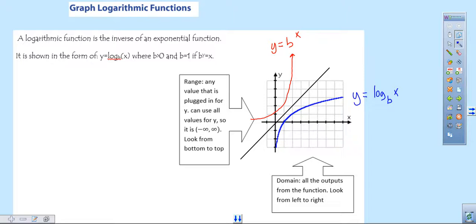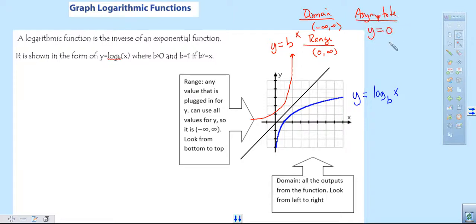Well, what we want to see on this particular slide is that on an exponential function, the domain was all real numbers, the range was from 0 to infinity, and I had an asymptote at y equals 0. And remember, there was a correlation between this 0 and that 0 right there, right?